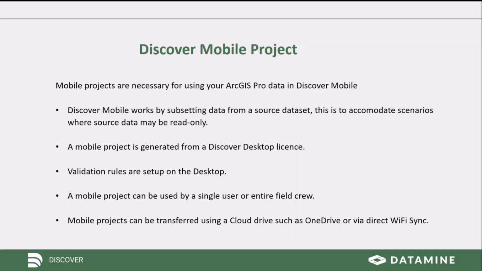Validation rules are set up on the desktop, so there's no fiddling around out in the field. You do everything in the office and then send it all out to the mobile device. The project can be used by a single user or an entire field crew. And projects can be transferred by cloud, so OneDrive and all that sort of stuff, or Google Drive, iCloud, or they can be directly transferred via Wi-Fi sync.